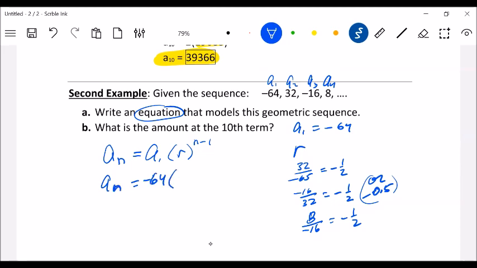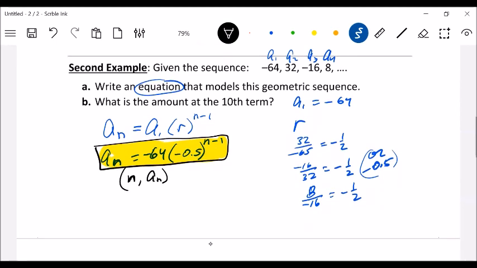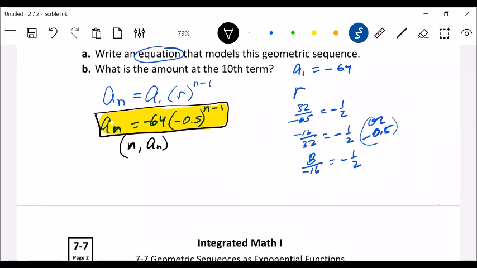And the ratio we now know is negative 1/2 or negative 0.5, and n minus 1. That's the equation because we have it set up now where if I'm given an n, I will get the amount at that nth term. But I can put any n in there, so I can't limit myself by putting an n in right now. I have to leave it n, and that makes this a general equation. So that's letter A done.